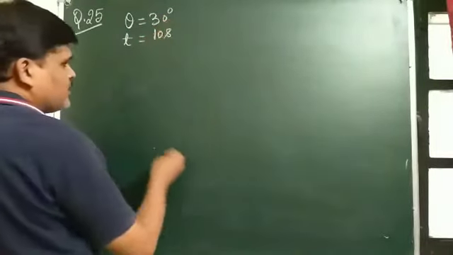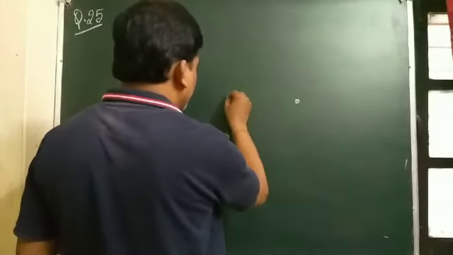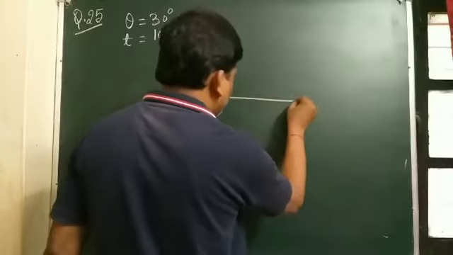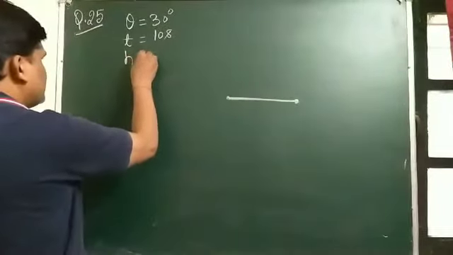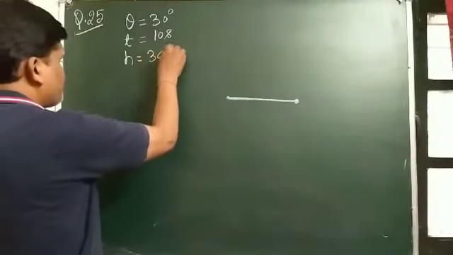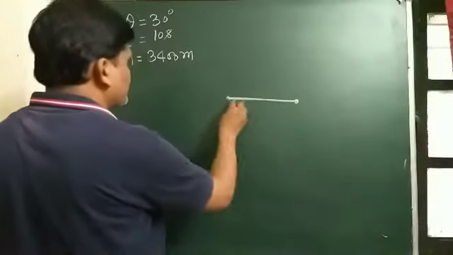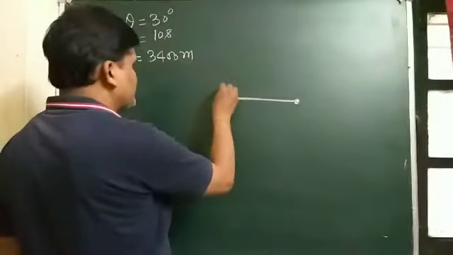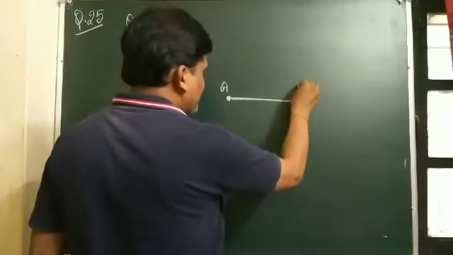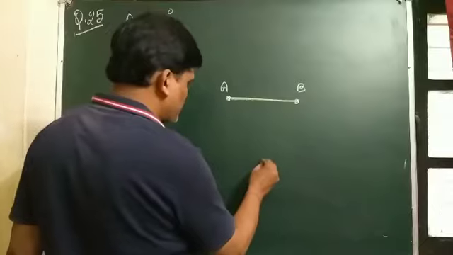In 10 seconds the aircraft moves between positions A and B, and the height is given as 3400 meters. This is the observation point, suppose O, on the ground.